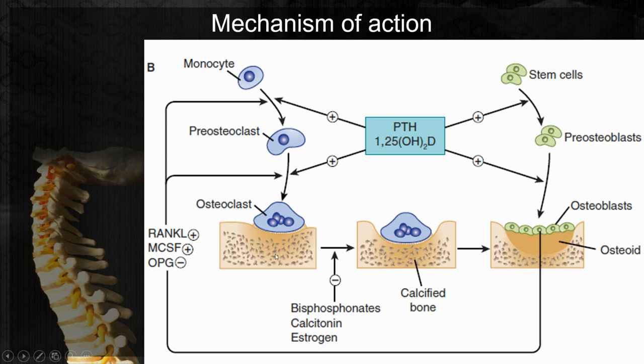This osteoclast, on differentiating, gets activated, forms a resorptive pit and results in resorption of bone. This formation of resorptive pit is inhibited by our bisphosphonates. So the basic gross mechanism of action is anti-resorptive. So our bisphosphonates are basically anti-resorptive.